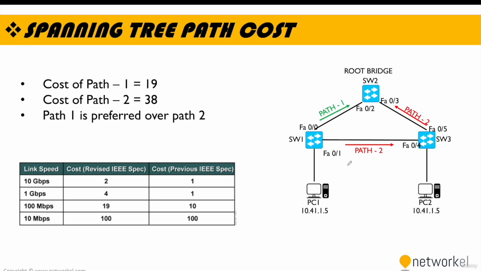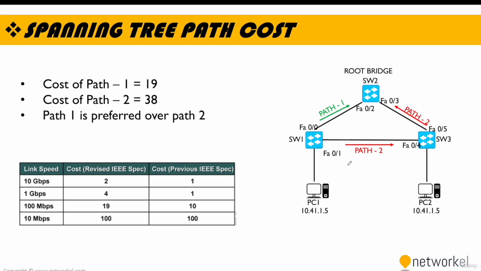A link with 100 Mbps has a cost of 19. A 1 gigabit Ethernet link will have a cost of 4 and 10 gigabit per second will have a cost of 2. So lower cost always indicates faster connections. Okay, just keep in mind.